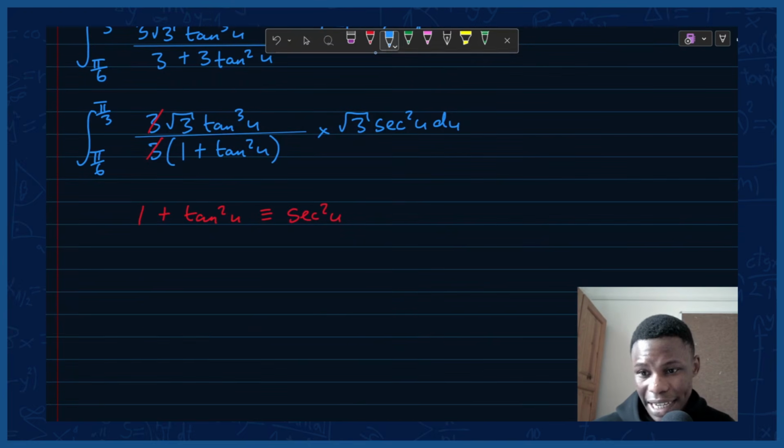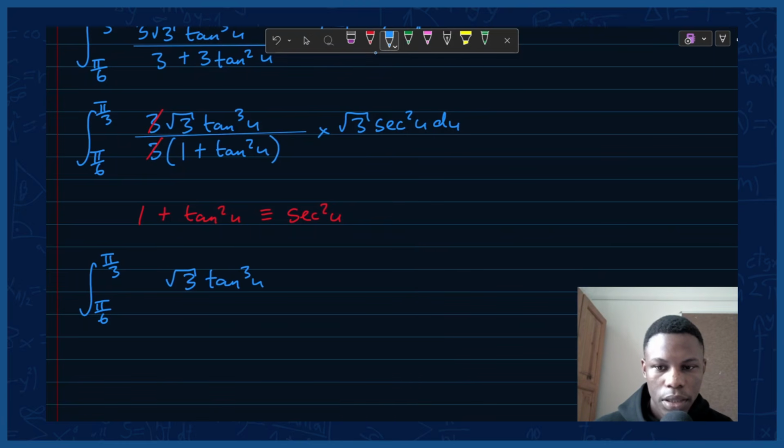Meaning that what I have here is the integral from pi over 6 to pi over 3 of root 3 tan cubed u divided by 1 plus tan squared u, which is the same as sec squared u. So sec squared u multiplied by root 3 sec squared u du.